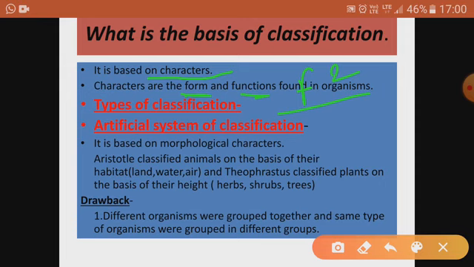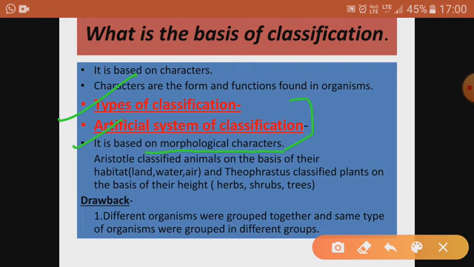Now there are different types of classification which are famous nowadays. The first one is the artificial system of classification. This one is a primitive system of classification, an old type of classification, and it was based on the morphological character. Morphological character means the outward character.